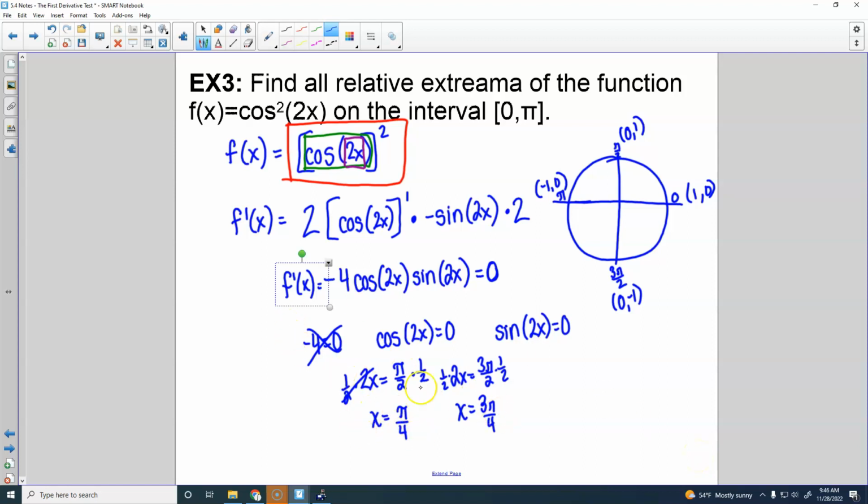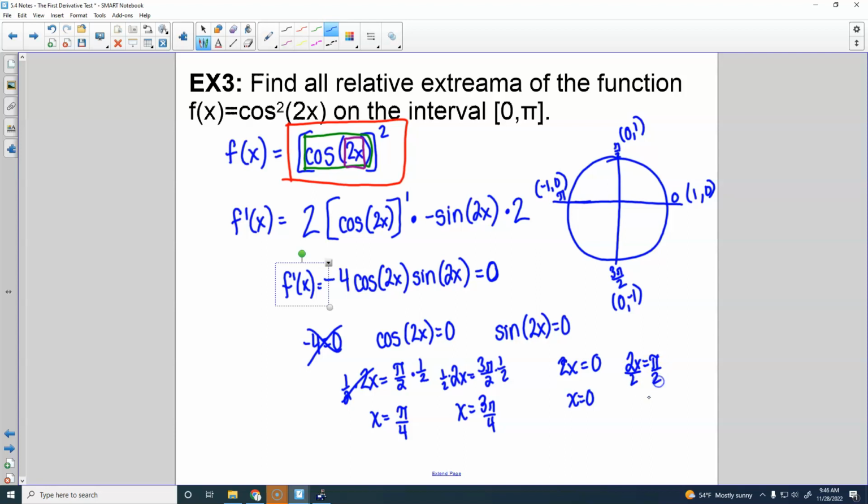We got 2 values here. For our sine, sine is going to equal 0 at 0. So that's just going to give you x equals 0. It is going to equal 0 at pi. So 2x will equal pi.